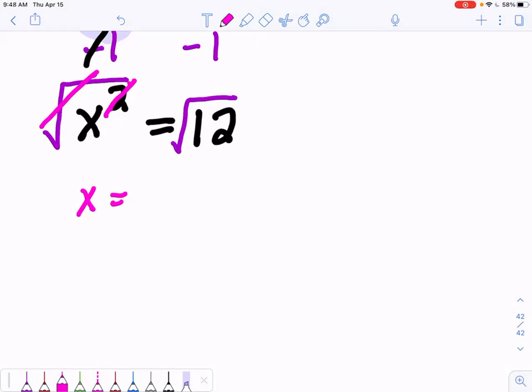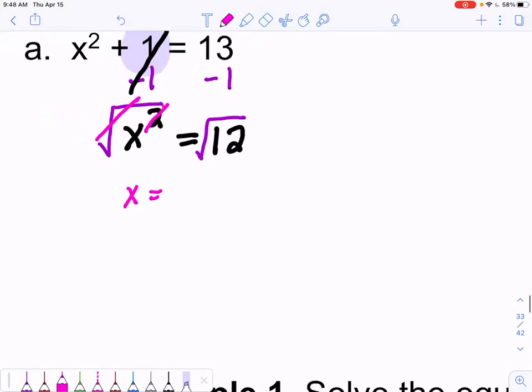On the other side, we have the square root of 12. This is where we were doing that work with perfect squares. So the problem isn't done because we have to do something with that square root of 12, and we're going to simplify it.